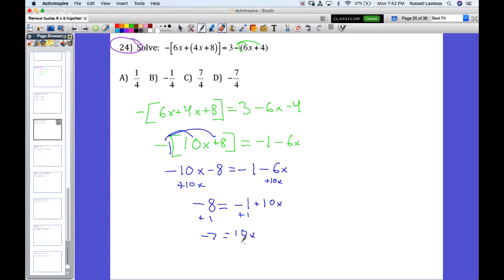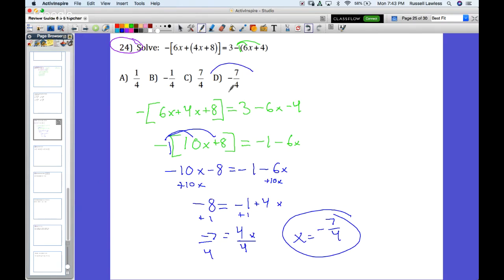Oh, sorry, that should not be a 10x there. 10x minus 6 is actually a 4. I've got to erase that as well. With that, I'm going to divide both sides by 4. And then x will be equal to negative 7 over 4, which in our case is D.